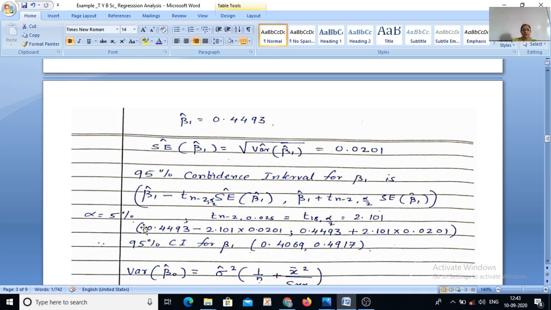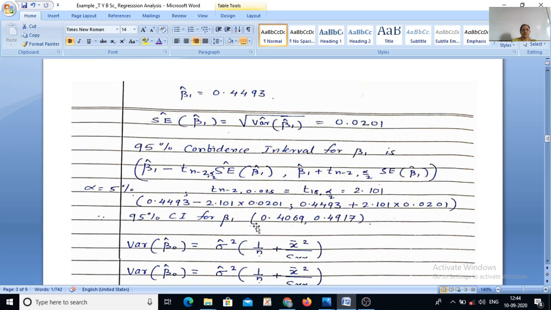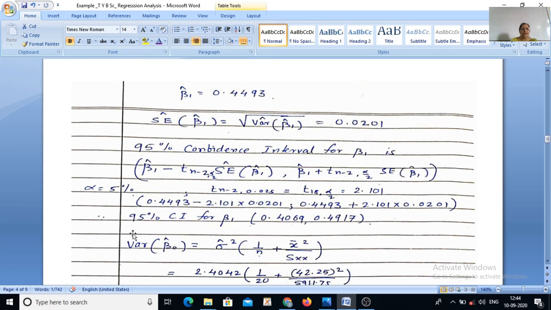Now if you look at the t value for 18 degrees of freedom at the right tail with probability 0.025, that is alpha is 5%, therefore alpha by 2 is 0.025. That value from the table is 2.101. So putting this value in this expression, I will get the 95% confidence interval for beta 1 as 0.4069 to 0.4915.